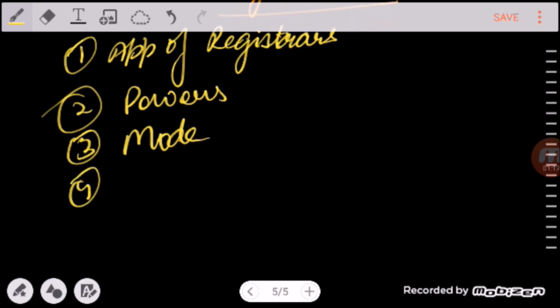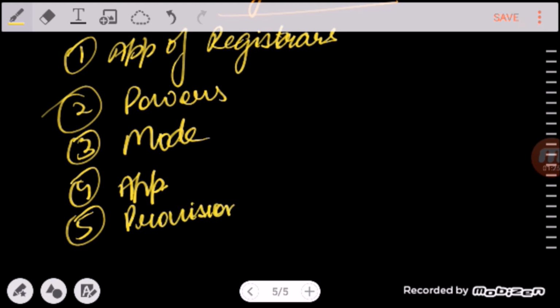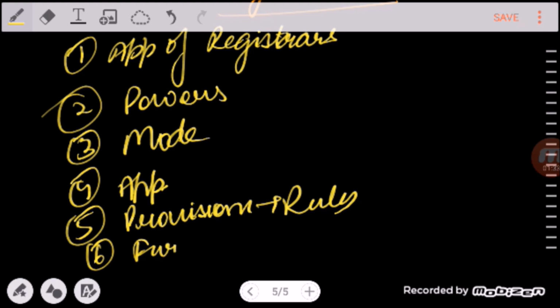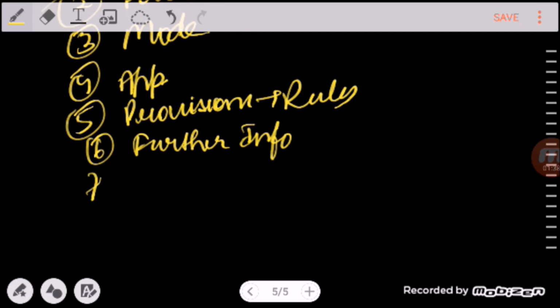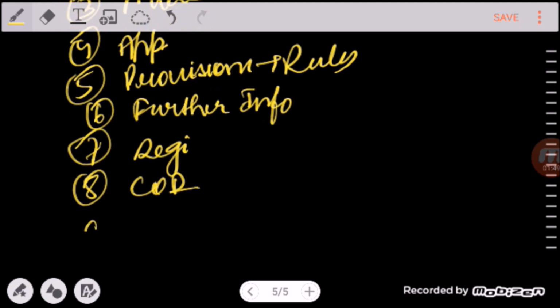Number 4, application for registration. Number 5, provisions to be contained in the rules of a trade union. Number 6, power to call for further information. Number 7, registration. Number 8, certificate of registration.